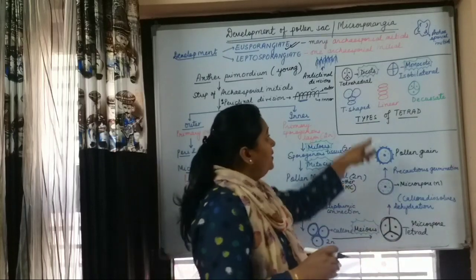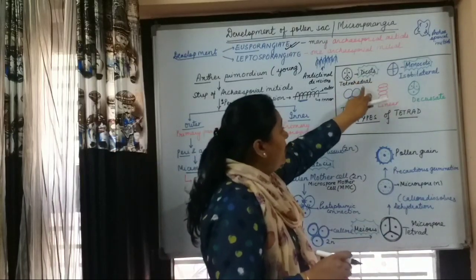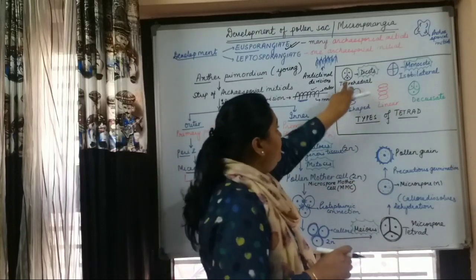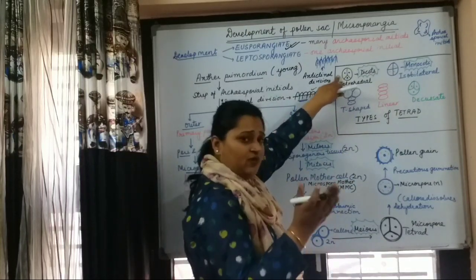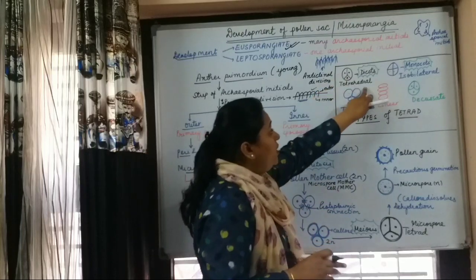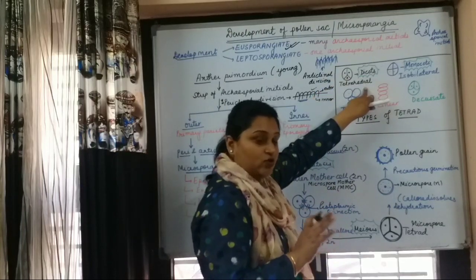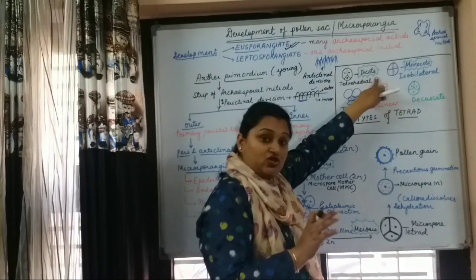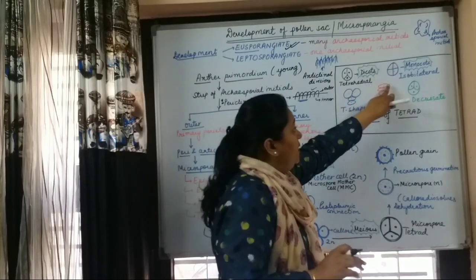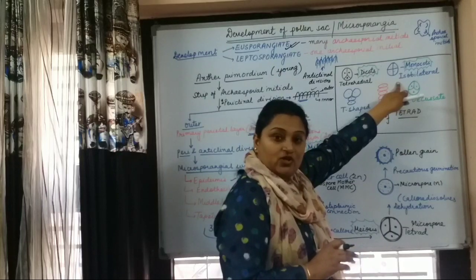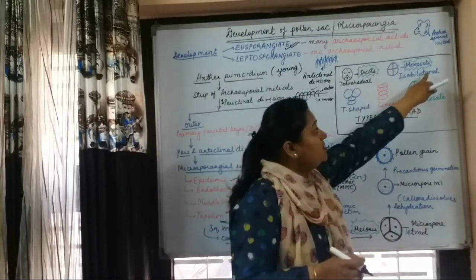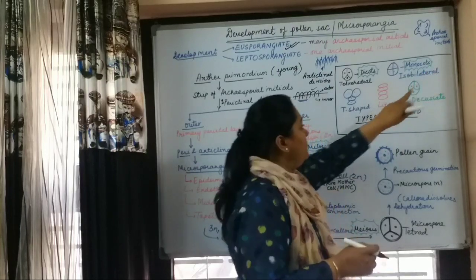Here I want to tell you one more thing, which is many times asked in your entrance exams. A tetrahedral structure like this is called a tetrad. If it is a tetrahedral structure, that means 3 in front and 1 at the back, that is called a tetrahedral microspore tetrad, and it is found in dicots. It is a feature of a dicot. If it is an isobilateral structure, that means 4 when you see in front, that is seen in monocots.